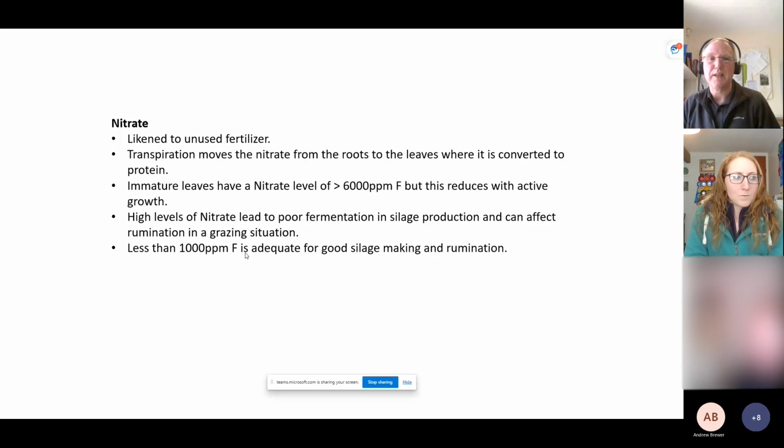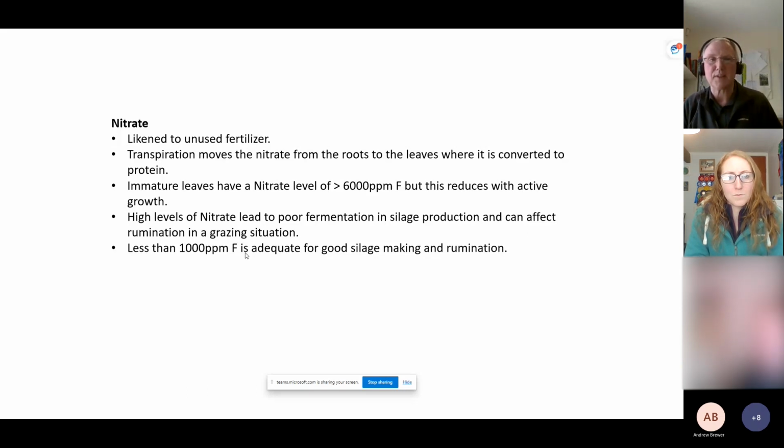So just to read it out: immature leaves with a nitrate level of greater than 6,000 parts per million fresh. This reduces the active growth, and the high levels of nitrate lead to poor fermentation and silage production and can affect rumination in a grazing situation.